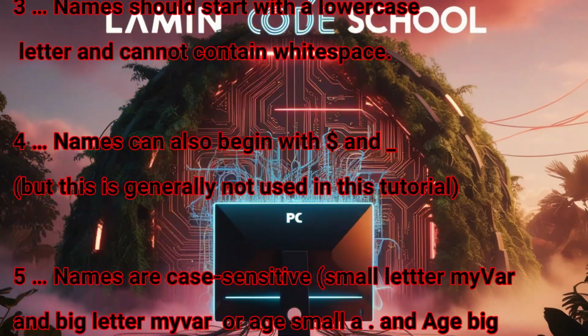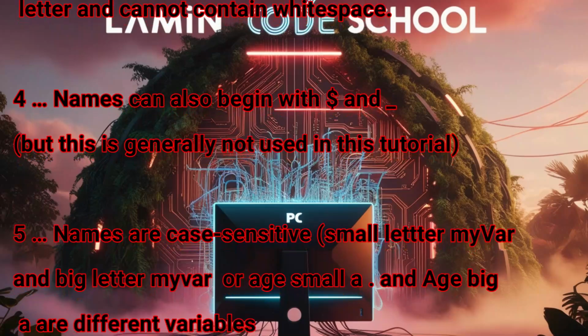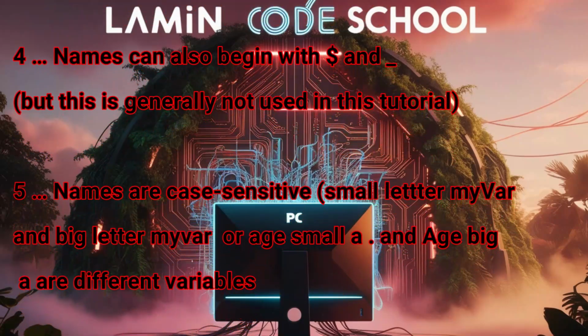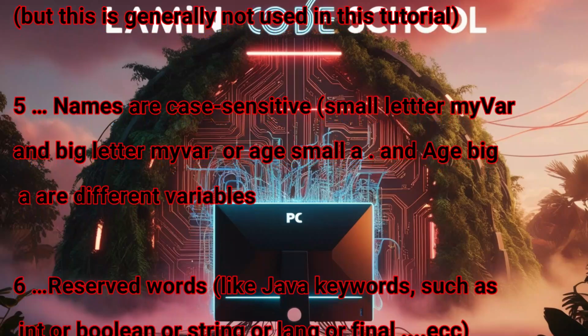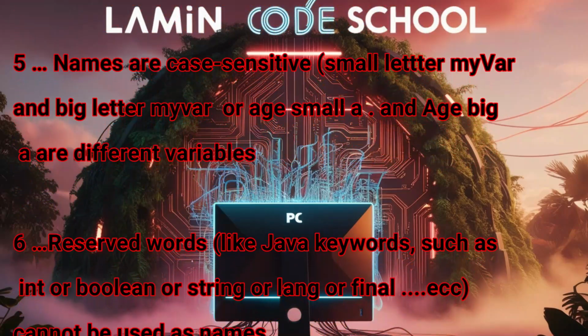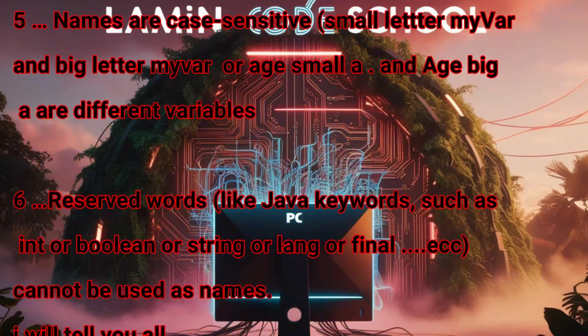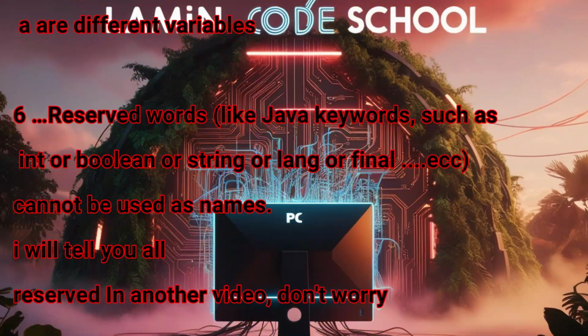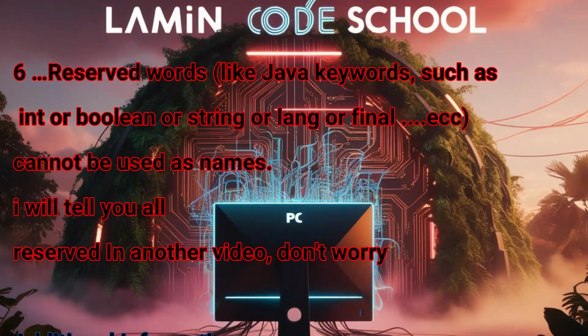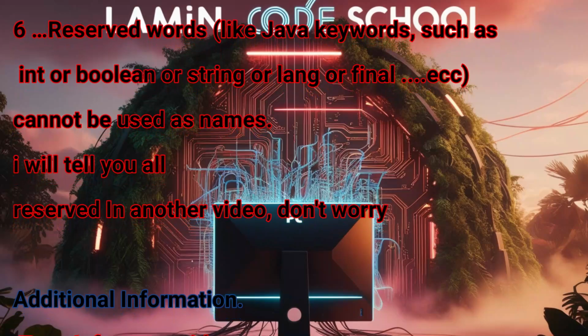Names are case sensitive: myVar and MyVar, or age and Age, are different variables. 6. Reserved words like Java keywords, such as int or boolean or String or long or final, cannot be used as names. I will tell you all the reserved words in another video, don't worry.